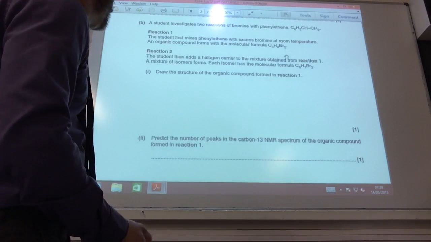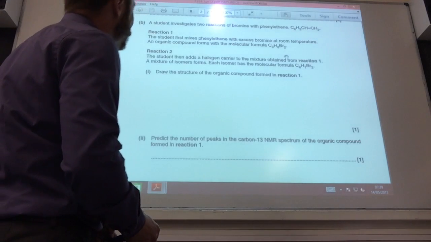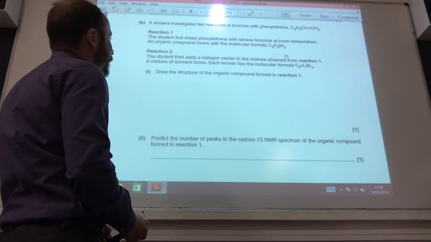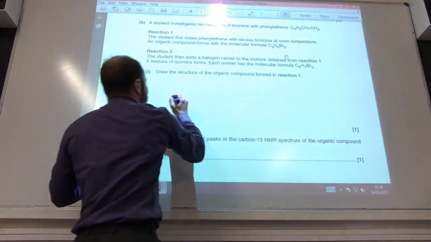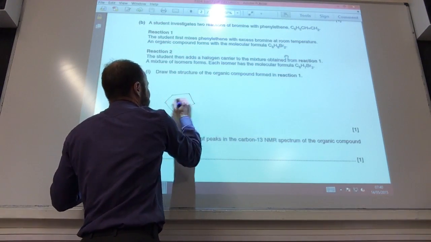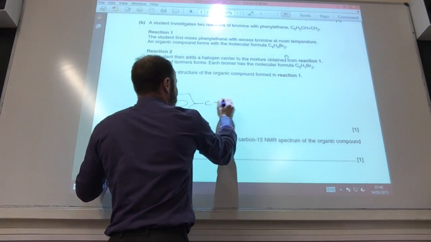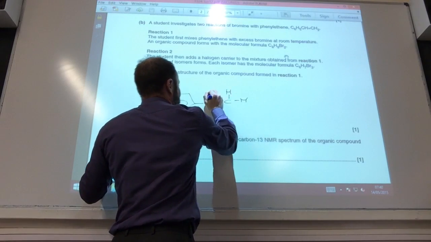So we've got reaction 1 where a student's mixing phenylethene with excess bromine at room temperature, and we get an organic product. Let's draw that product. Well, they've told me what phenylethene is, so it is a benzene ring with ethene. So let's draw it out, like so.